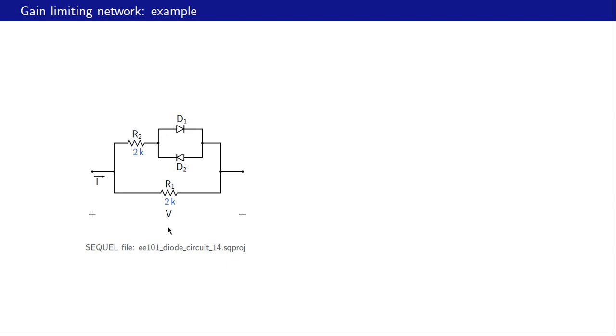As we increase V, at some point D1 will turn on, and now we have two current paths, that and that, will cause a change in the slope of the I versus V relationship.